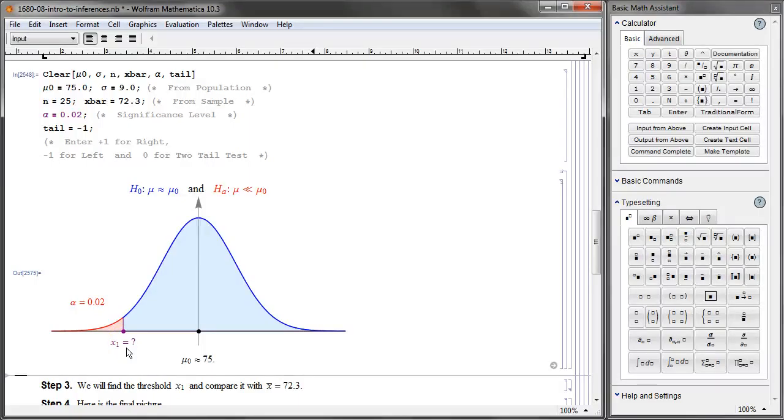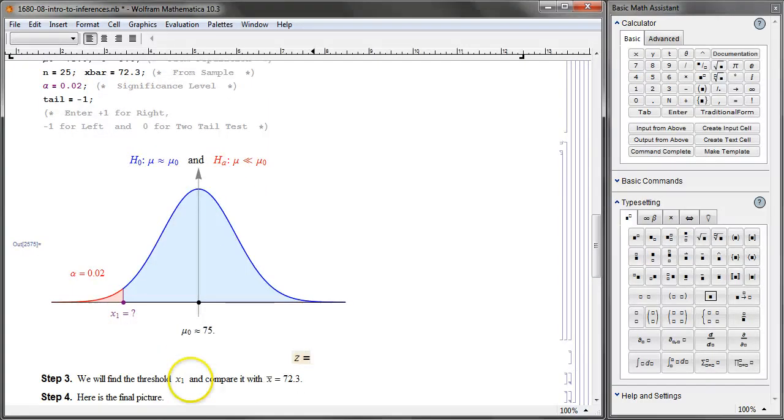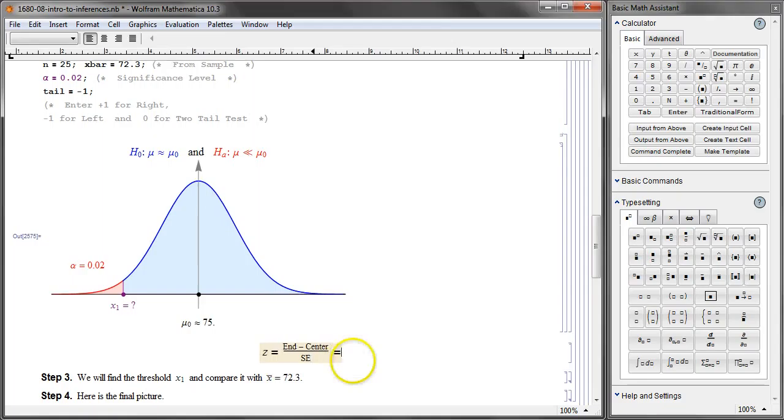Well, we have to find out the z-score associated with 0.02, and the z formula is what? End minus center. Z is end minus center over standard deviation, isn't it? In this case, this is going to be this x, this purple value, this x1 minus the center 75 over the standard error.